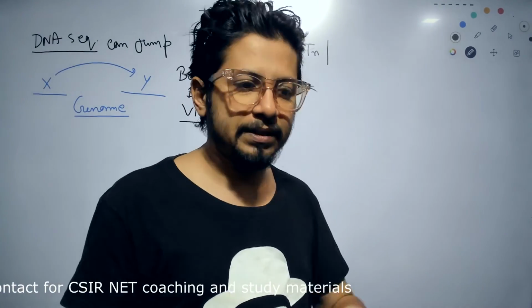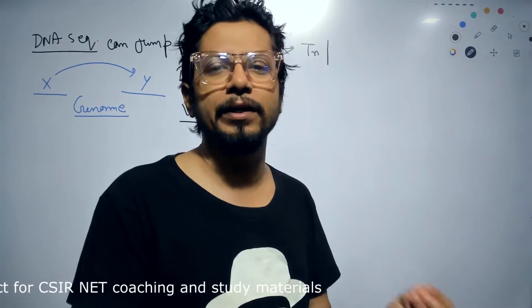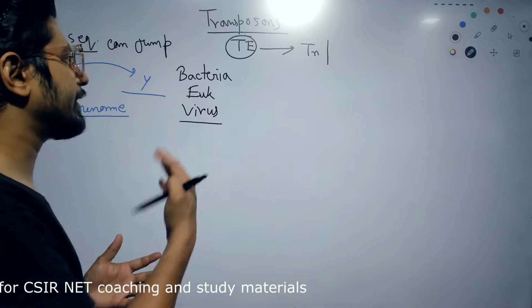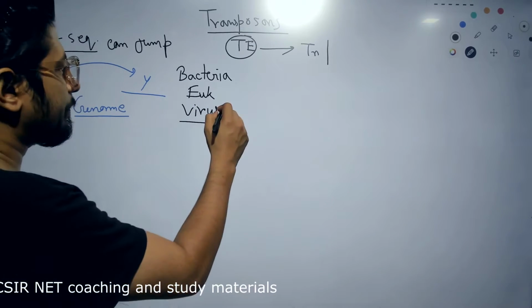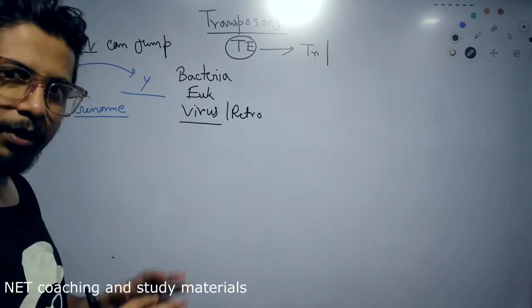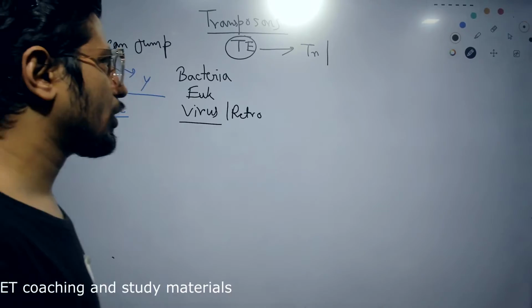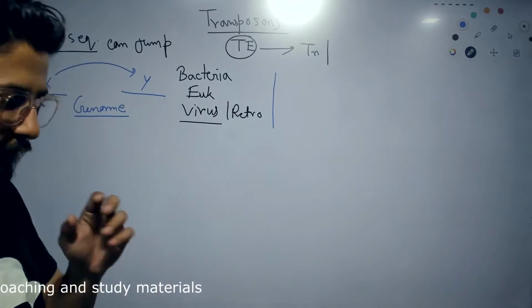But the structures of transposable elements and the mode that they operate in are a little different if you compare bacterial transposons, eukaryotic transposons and viral transposons, and particularly retroviral transposons. We are going to see that in a moment. So this is a very basic concept that I want you to understand first.